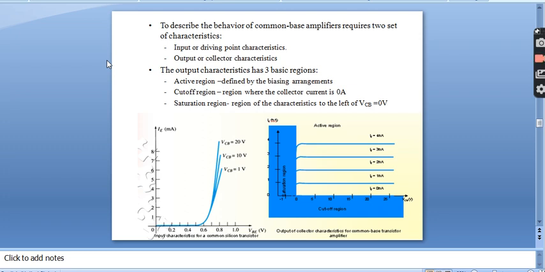On the input side, we draw the plot or graph between VBE, that means the voltage between base and emitter, and the current, which is IE in milliamperes.